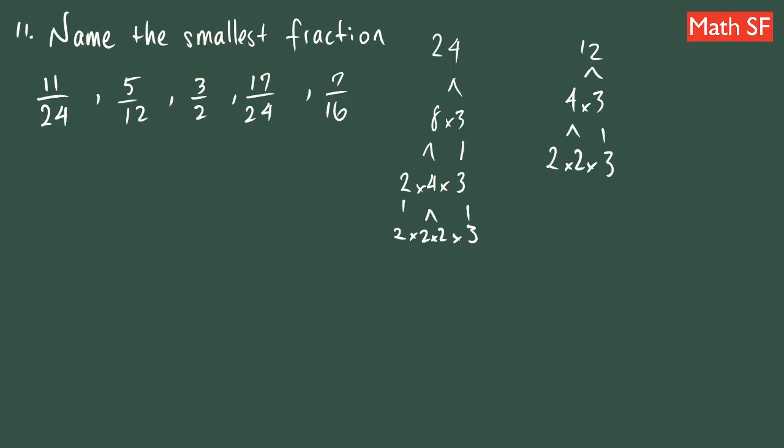Since we're done with 12, let's do now 2. Well, 2 is just 2, so just keep that 2 there. Now we have to do the 24, but we have the 24 there already. Let's do 16. 16 should be 4 times 4, and this 4 can be 2 times 2 and 2 times 2.